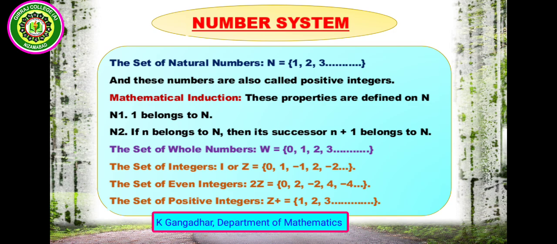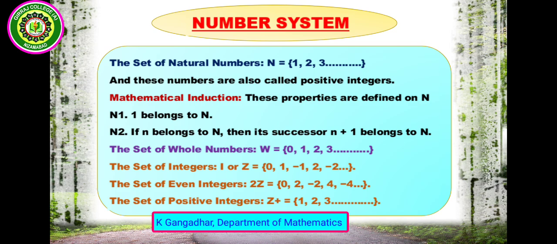In the natural number system, we define mathematical induction. What is the statement of mathematical induction? First, the given statement is true for n equal to 1, so 1 belongs to N. Second, the given statement is true for n equal to k, and we show that it is true for n equal to k plus 1.